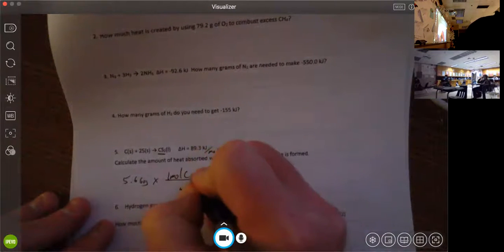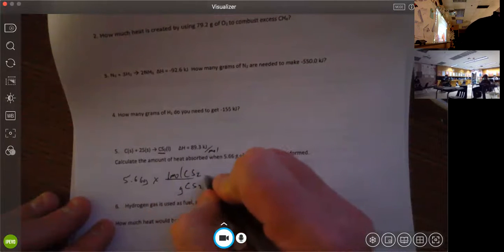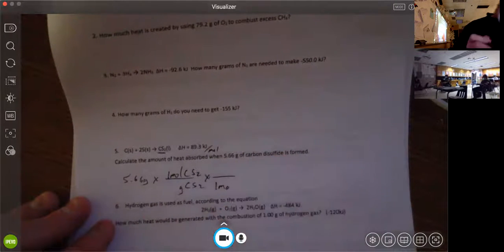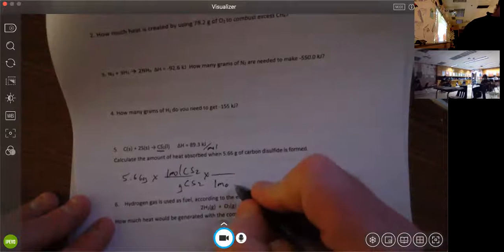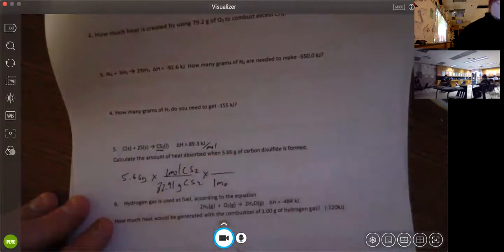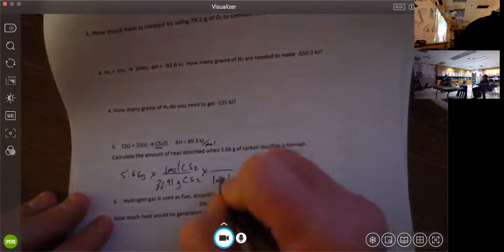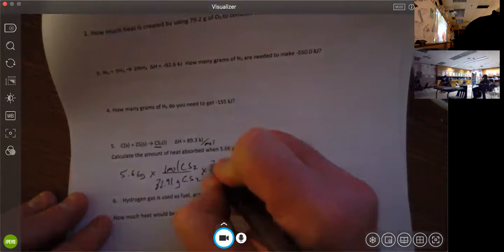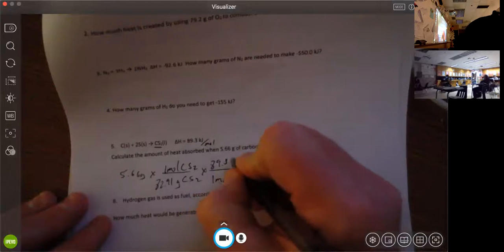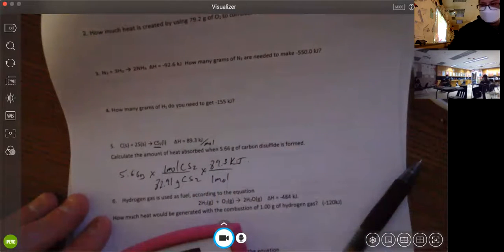Every 1 mole here of CS2, what's that? I'll go with it. Molar mass was given to me, so if that's incorrect, make sure you check it yourself. And every 1 mole of that is 89.3 kilojoules. Oh, shoot.